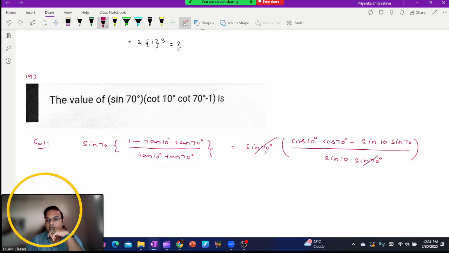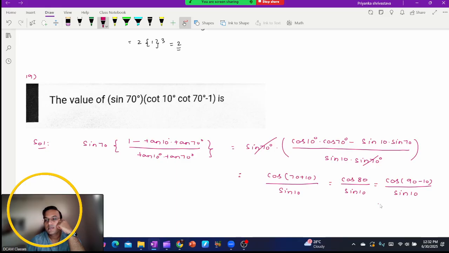So sin 70, sin 70 we can cancel. This will be cos A cos B minus sin A sin B, which means cos of A plus B, 70 plus 10, by sin 10. Now this is cos of 80 by sin 10. I can write this as cos of 90 minus 10 by sin 10. Cos of 90 minus theta is sin theta. So it will be sin 10 degree by sin 10. The answer is 1.